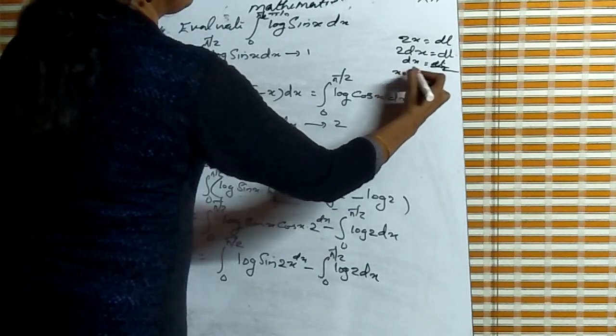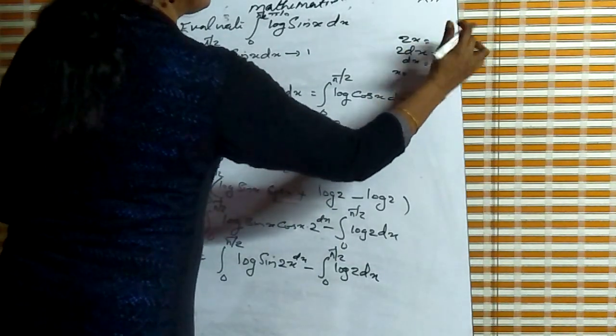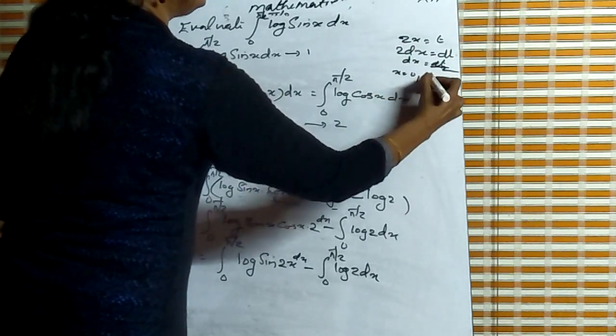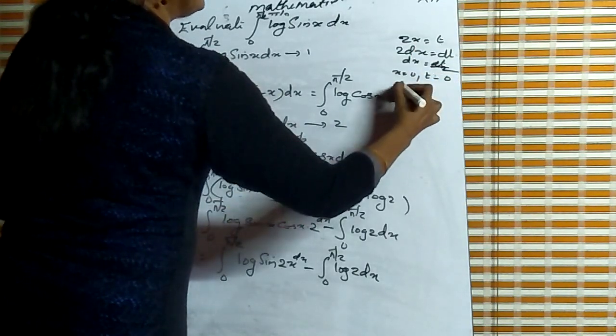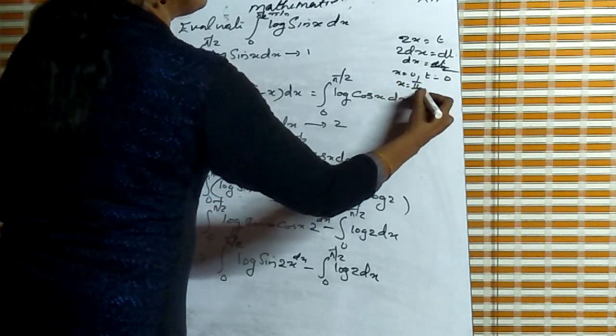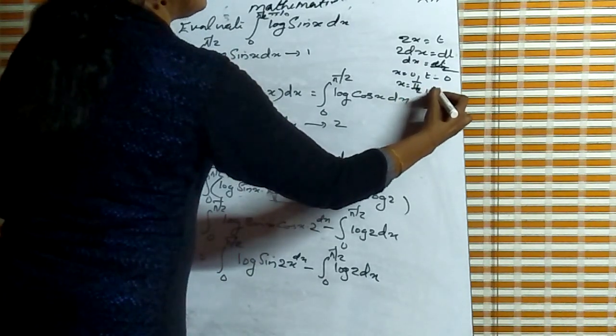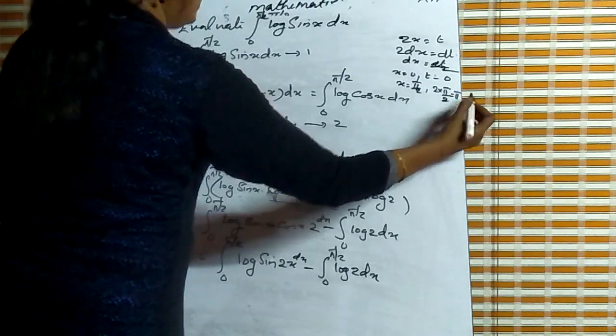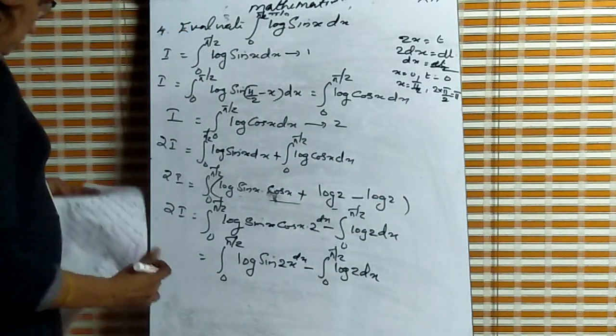Here our integral is from 0 to pi by 2. When 2x is equal to t: when x is equal to 0, t is equal to 0. When x is equal to pi by 2, t is 2 into pi by 2, so our integral is now from 0 to pi.